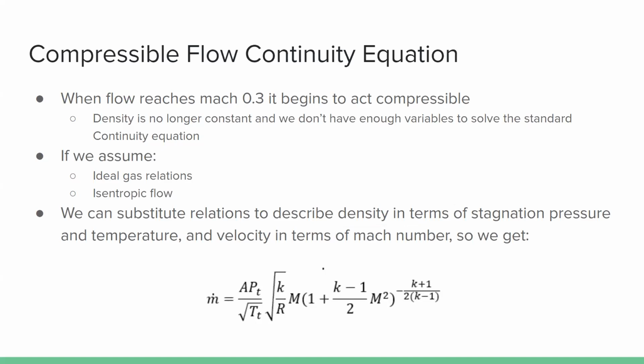Basically, let's say that you have everything else constant and you try to find a Mach number here where you know everything else. You're going to find that it's a parabola. So you'll have two answers for the Mach number, which is where you get the shape of the converging diverging nozzle from, because for any given area, you can have two different Mach numbers.